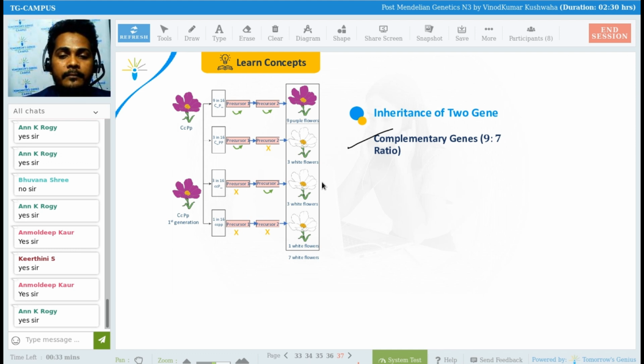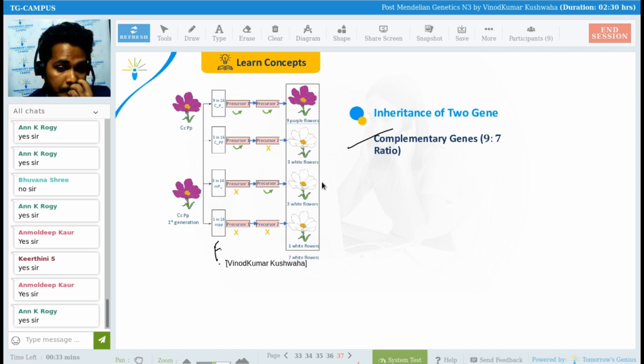Now this is also an example of recessive epistasis, where the recessive homozygous alleles of one type suppress the effect of dominant alleles of the other type, right? You can see here 9 in 16, 3 in 16, 3 in 16, and 1 in 16 in the F2 generation.